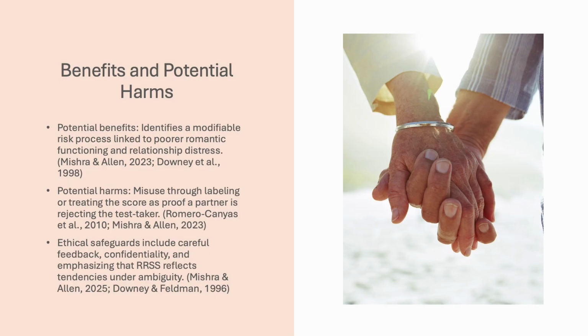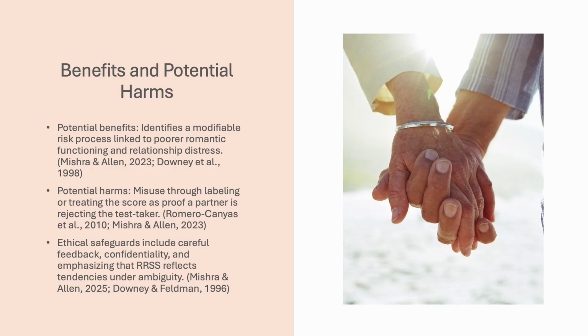A benefit is that it might help identify a measurable and modifiable risk process linked to poorer romantic functioning and relationship distress. If a clinician sees high RRSS scores, it could guide interventions focused on interpretation bias, emotion regulation, and communication patterns.